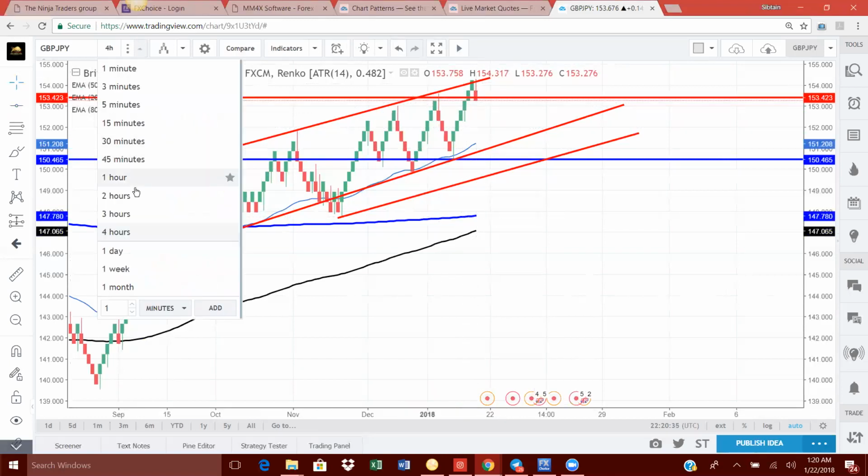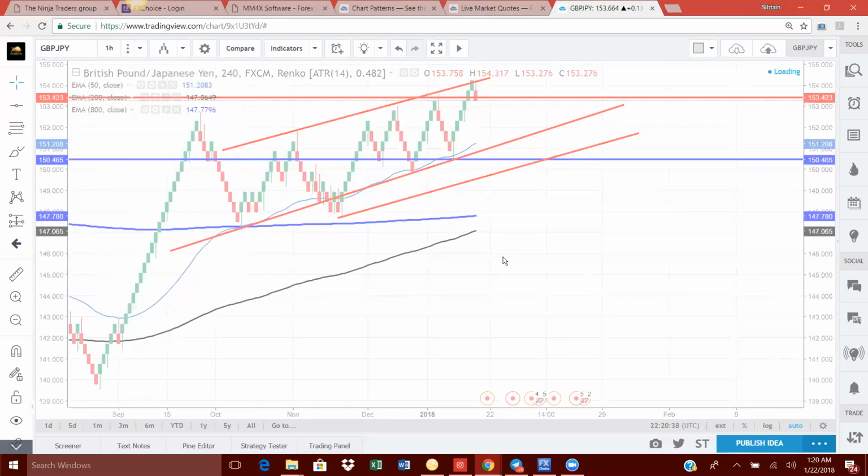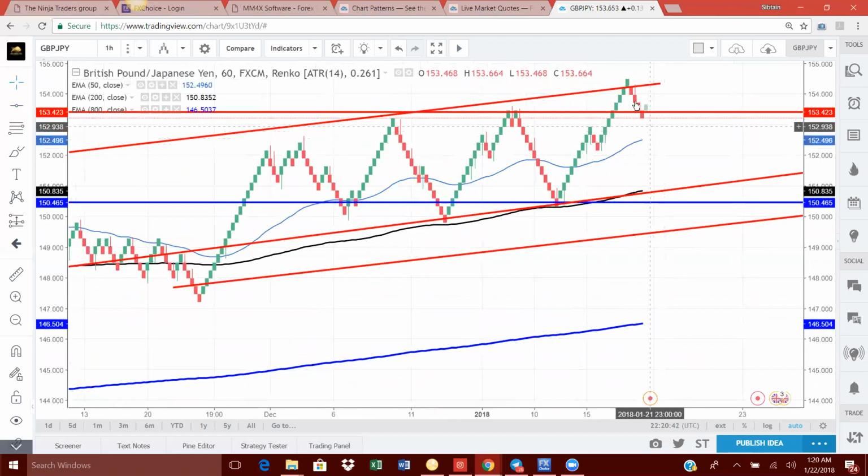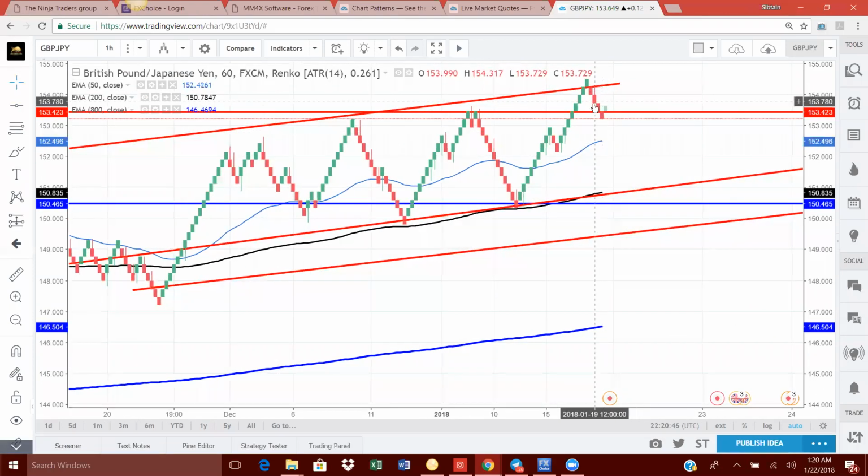And if you see in 1 hour, it correctly shows you these 4 bars on the Renko chart. Already the price came down, so it could come down to this level from here to here, around 250 pips.